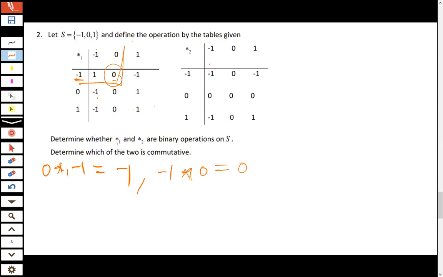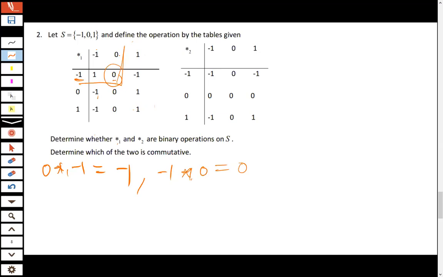So let's look at this one here. Someone is asking a question: why is 0 star -1 not 0? That's what we have been given; these tables have just been given.